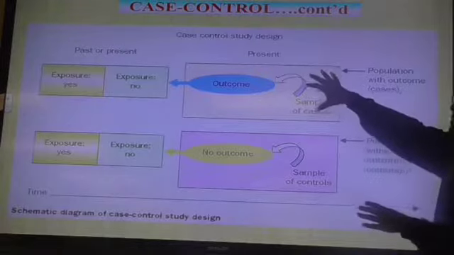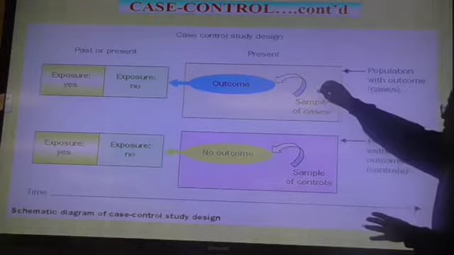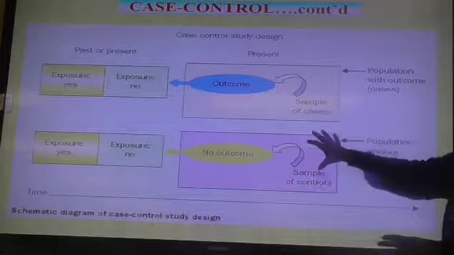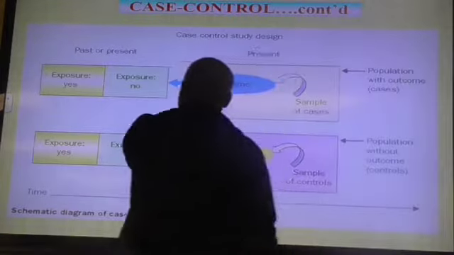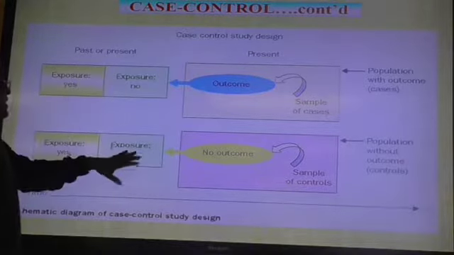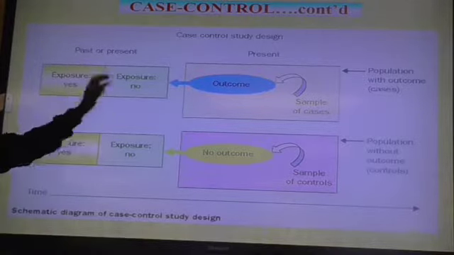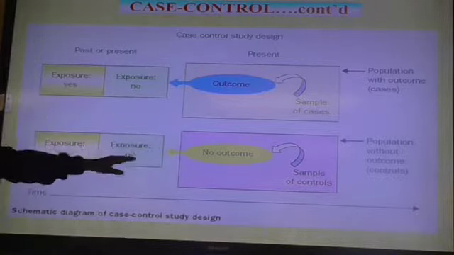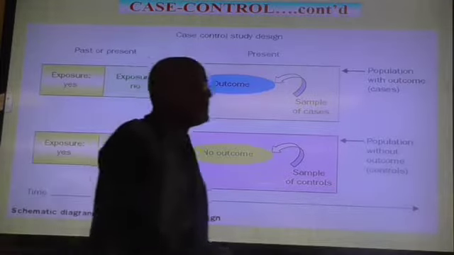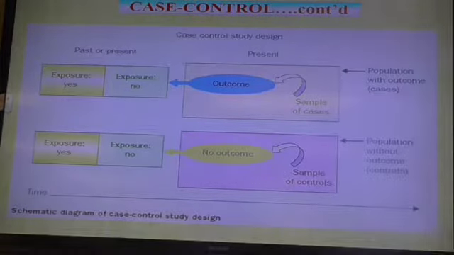Then we take a sample from those with disease and from those without disease, and we ascertain exposure level in the 2 groups: whether they are exposed or not, those with disease, and whether they are exposed or not, those without disease. So this is a complete reversal of cohort study.